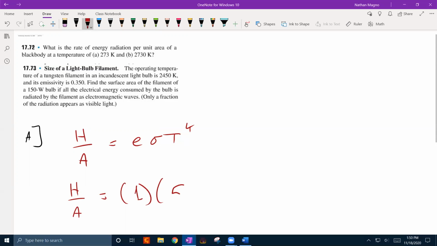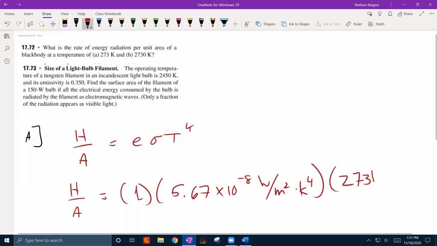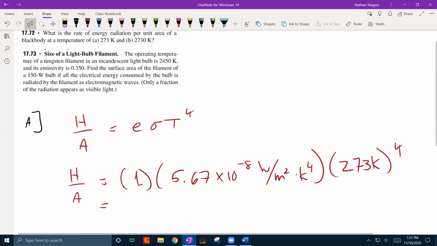I did not memorize it, so I have to write it down. And times 273 Kelvin. And this is going to equal 315 watts per square meter.